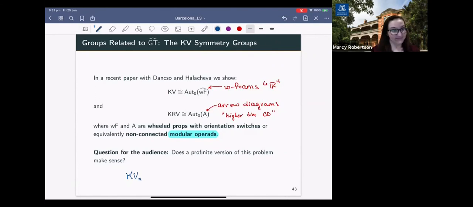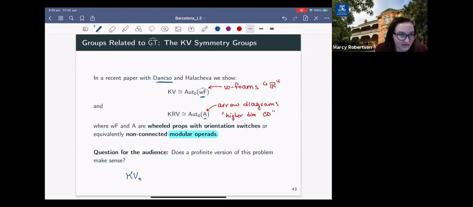Not yet. So no, I do not have a guess. Where these guys come from is low dimensional topology. This is from work of Bar-Natan and Dancso, who is the other co-author here. They do some weird stuff with knot theory, which is naturally quite operadic.